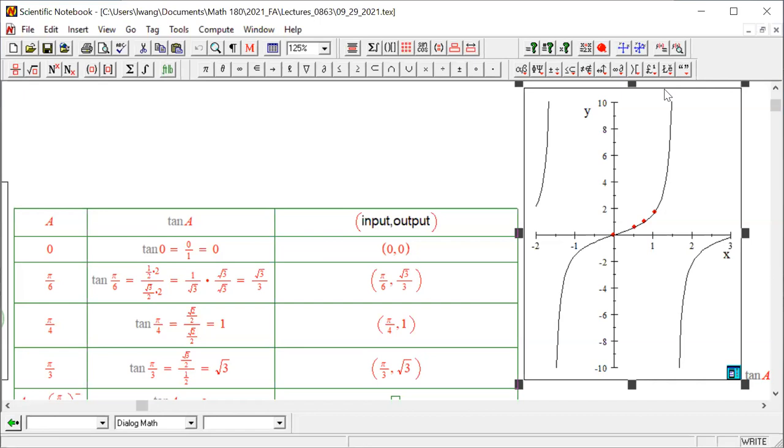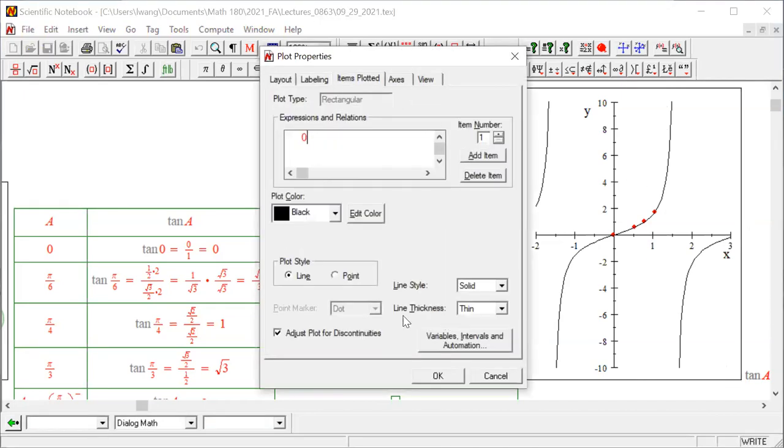Do you remember something called vertical asymptote? Yeah, I remember yesterday one of the students mentioned that. Yeah, vertical asymptote. Let's draw that vertical asymptote. Okay.